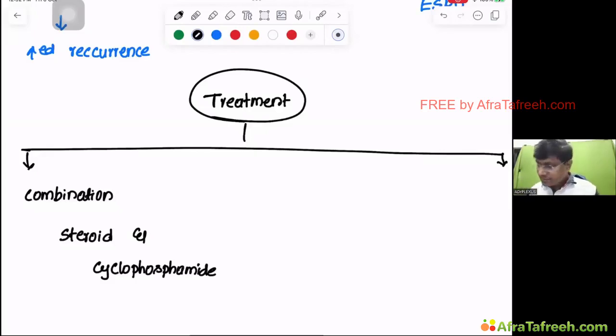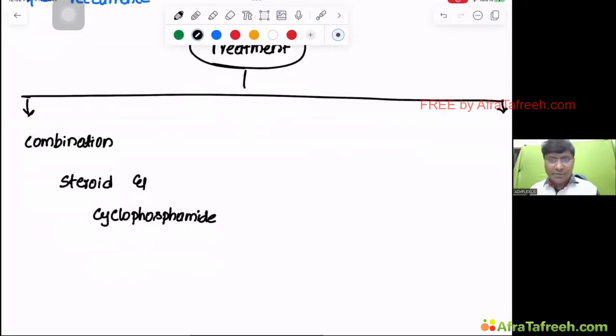And this combination should be given for the initial 3 months.